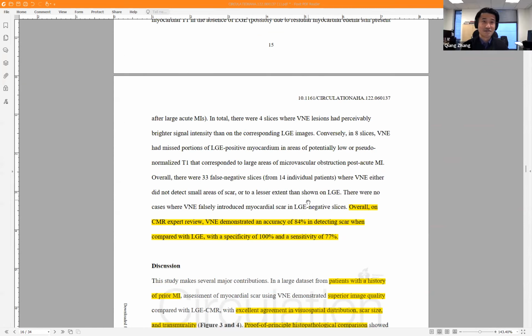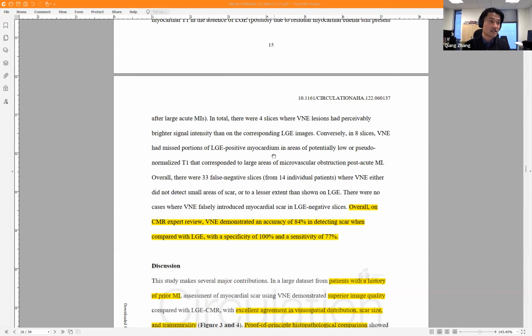I think that's a great question, Matthias. So the 84%, the final analysis is a personalized comparison, meaning each patient could have quite a few slices, and this is a slice by slice comparison between both images.